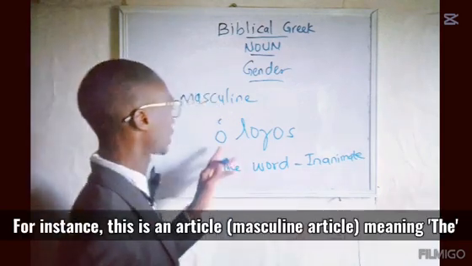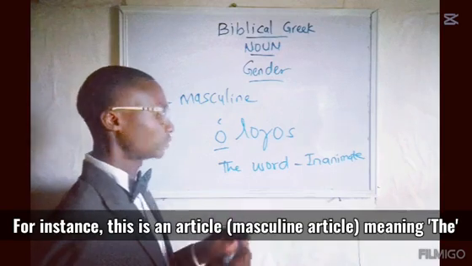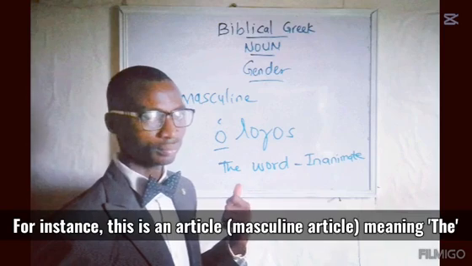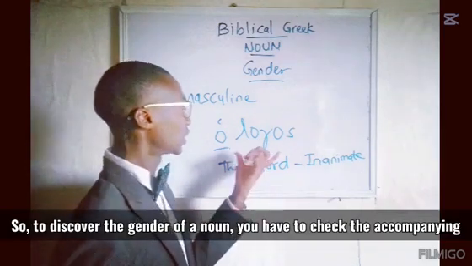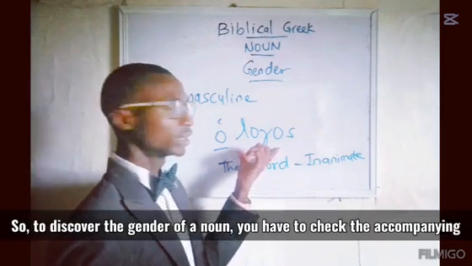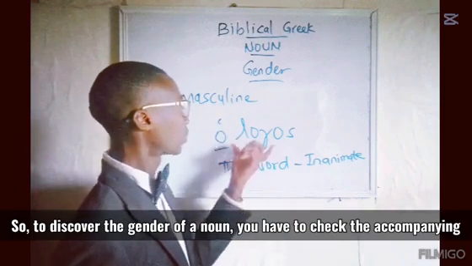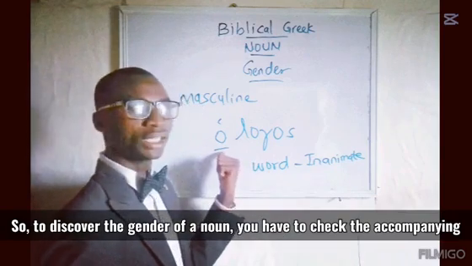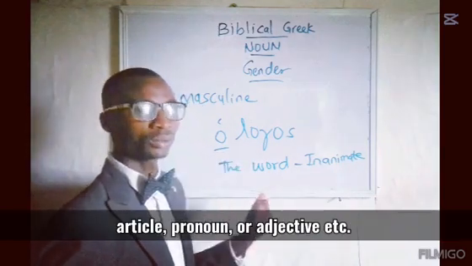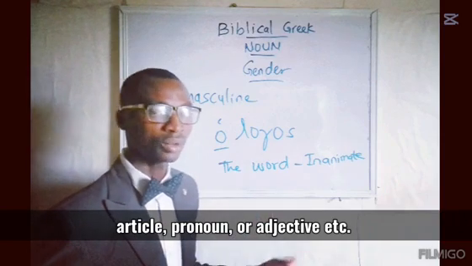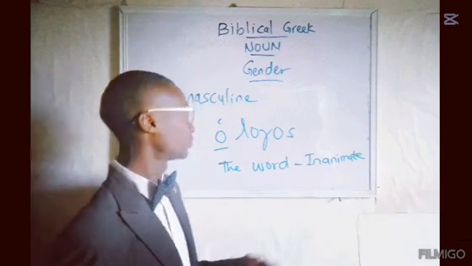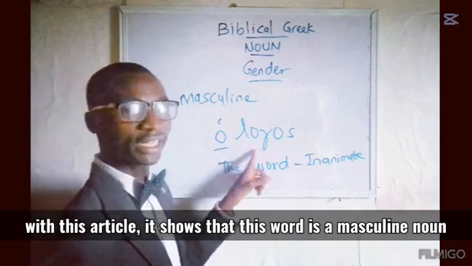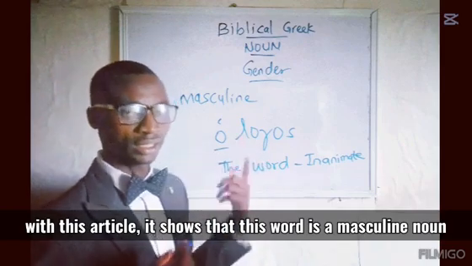For instance, this article, which means "the", is a masculine article. So to discover the gender of a particular noun, you have to check the accompanying article, pronoun, or adjective and the like. With this article, it shows that this word is a masculine noun.